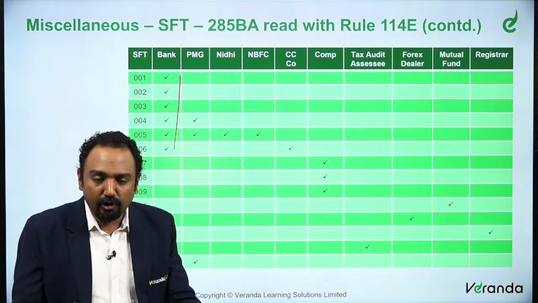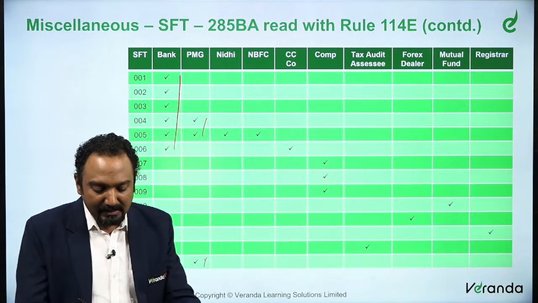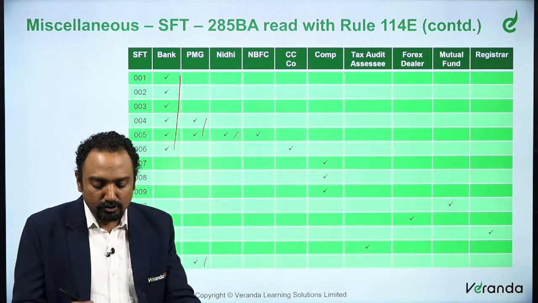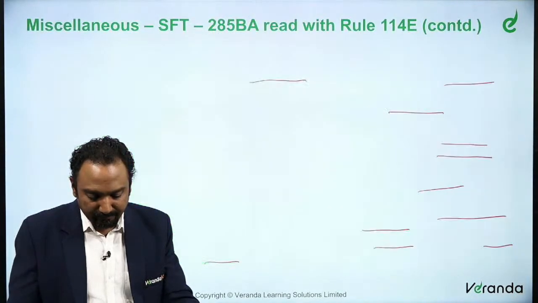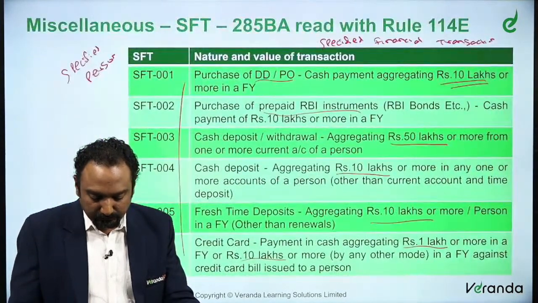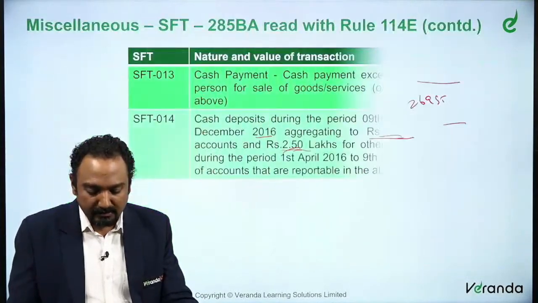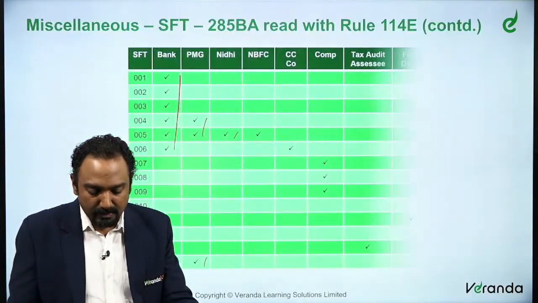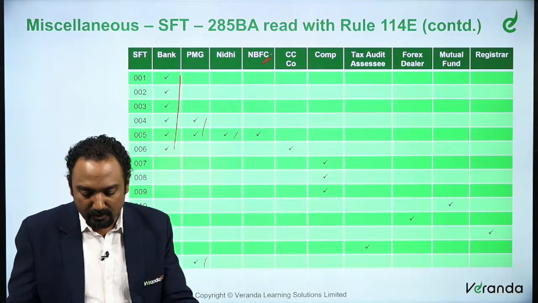Portfolio managers will have to report 4, 5 and 14. Nidhi should be reporting the 5th transaction, which is about fresh deposits. Any fresh time deposits of more than 10 lakhs have to be reported by these people. Non-banking financial companies also have to report.